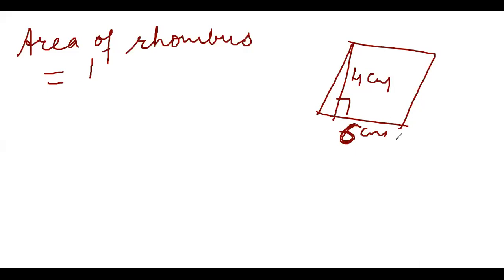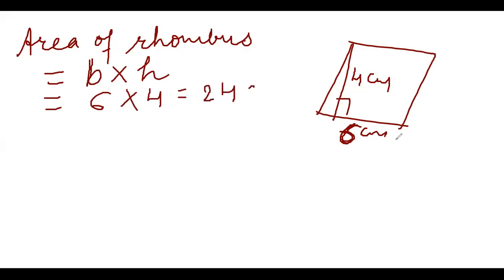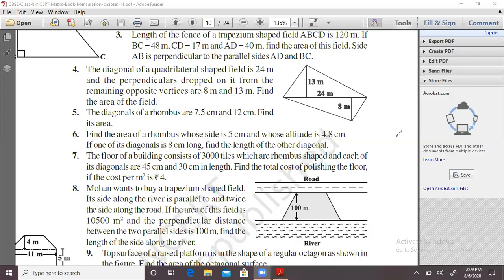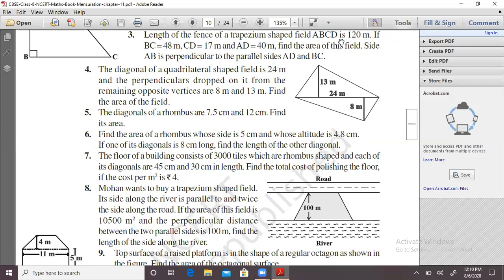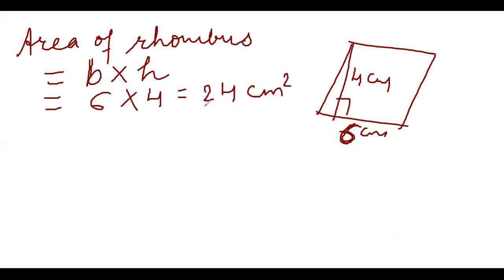As it's also a parallelogram, so its formula will be base into height. Base is 6, height is 4, so it's 24 centimeter square. Okay. Let's check, sorry, here it's given 5 and 4.8. So let's change it.